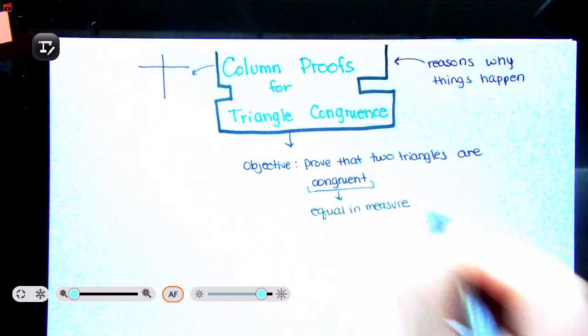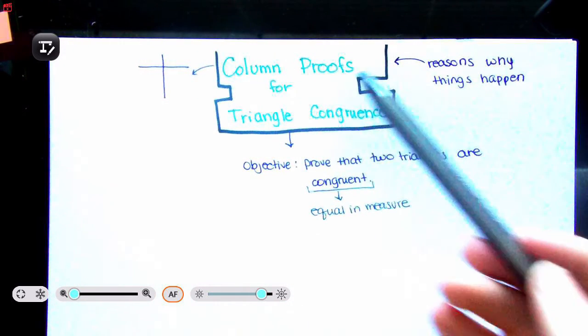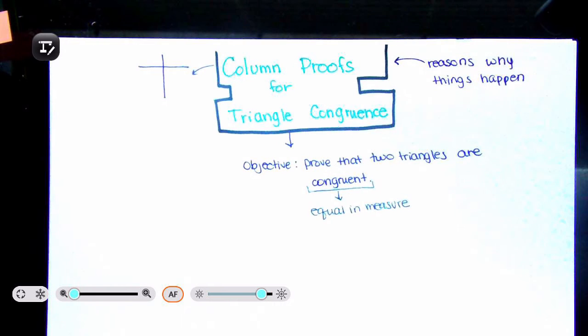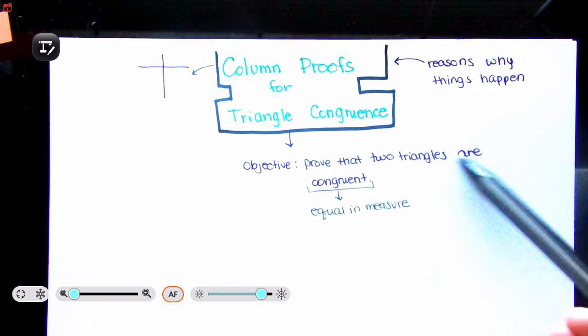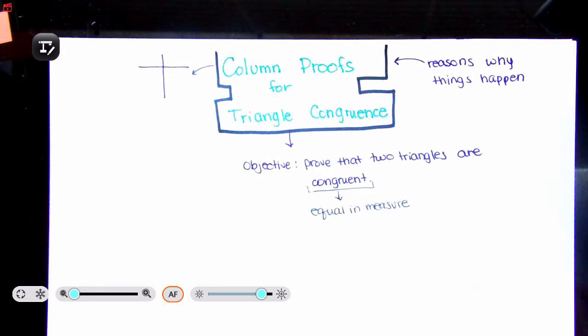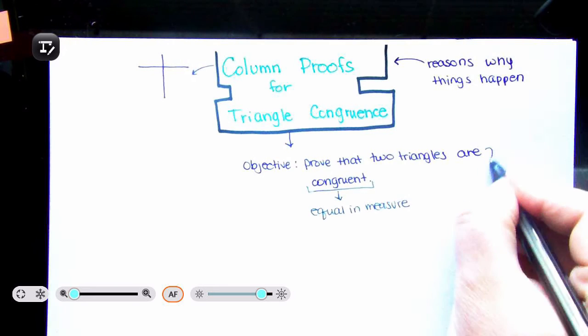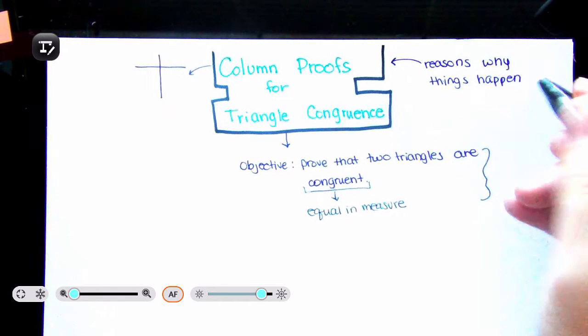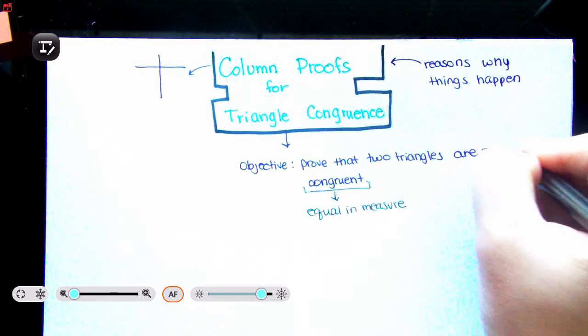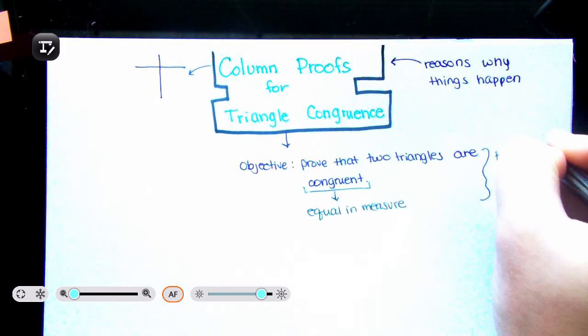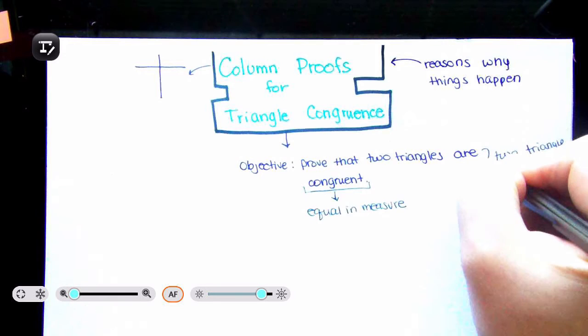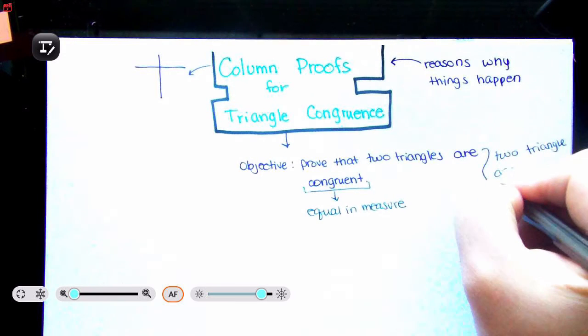So essentially what we're doing with these column proofs for triangle congruence is proving that two triangles are equal in measure, also known as proving that two triangles are the same.